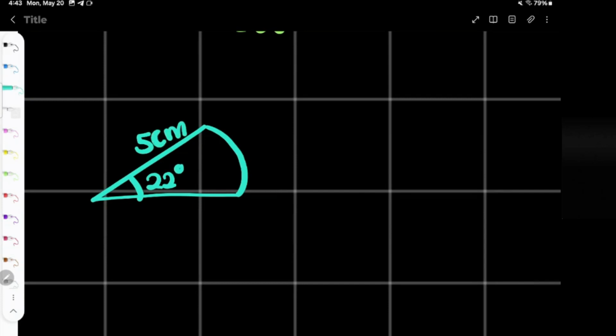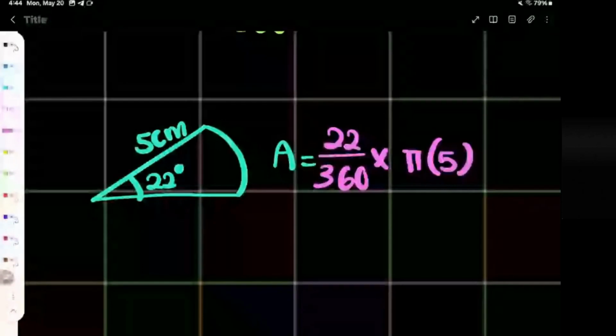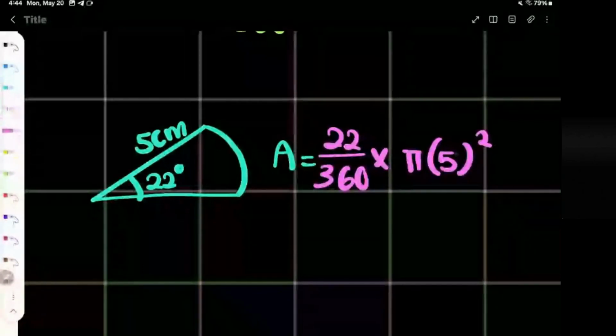So they ask you to calculate the area. So the area will be this thing here. So 22 over 360, because it's theta, remember theta, times pi, and then r is what? R is 5, but don't forget it's square, pi r square.